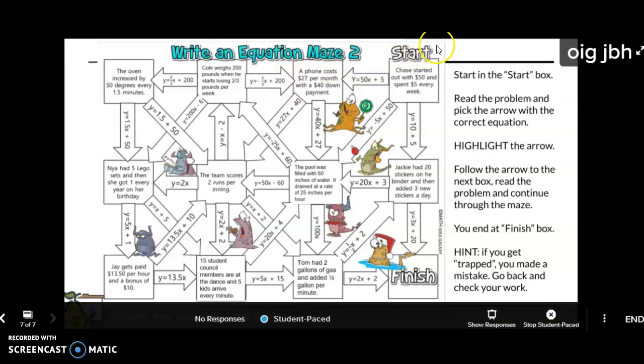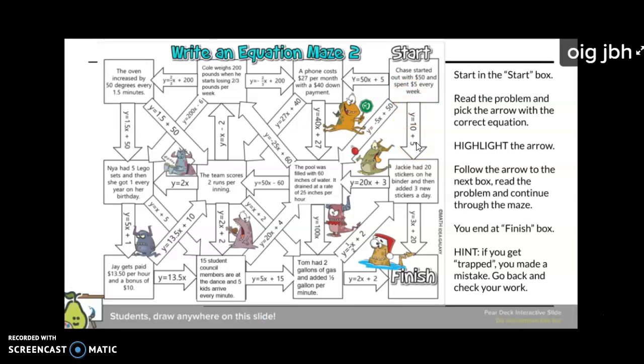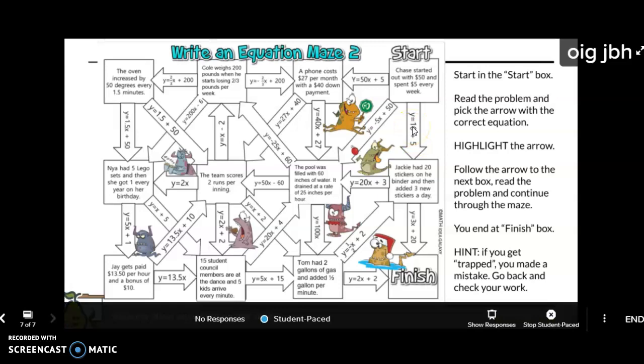So if we notice right here on the start word problem, there are 1, 2, 3 different arrows that I can be selecting as my answer choice. Once you pick whatever answer is the correct one, it leads you to your new word problem. Once you get to your new word problem, there's directional arrows that you can follow there.